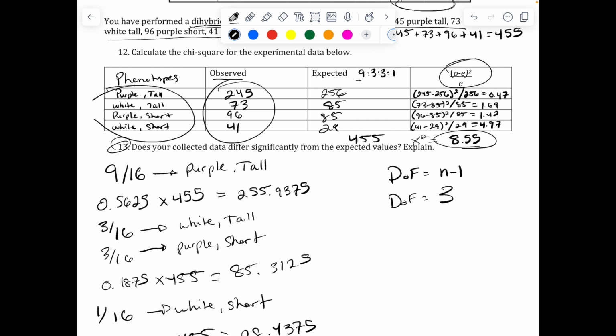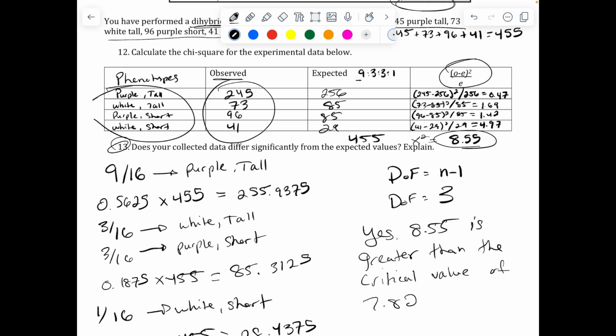So in this case, we're asked on 13, does your collected data differ significantly from the expected values? Yes. 8.55 is greater than the critical value of 7.82.